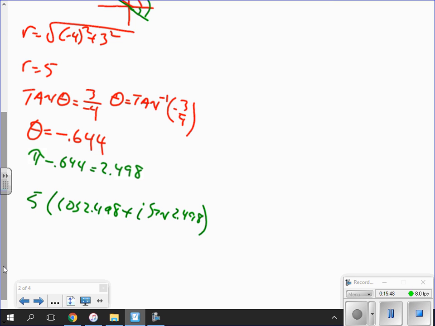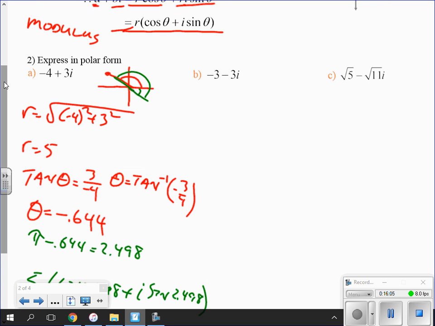The next one is actually easier. Where is this one located? Where's the point -3, -3? Right down here.